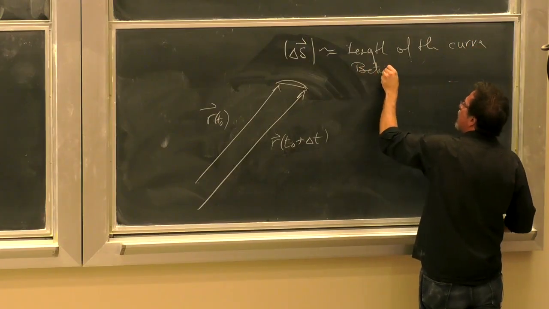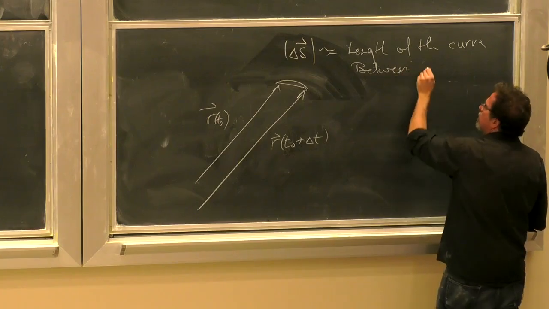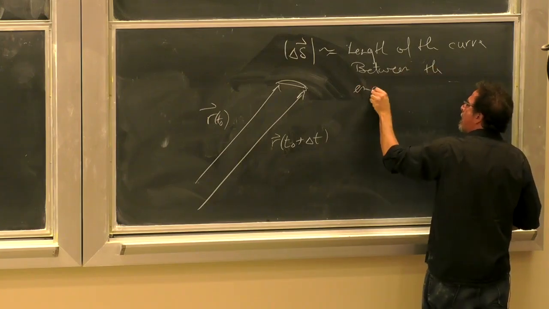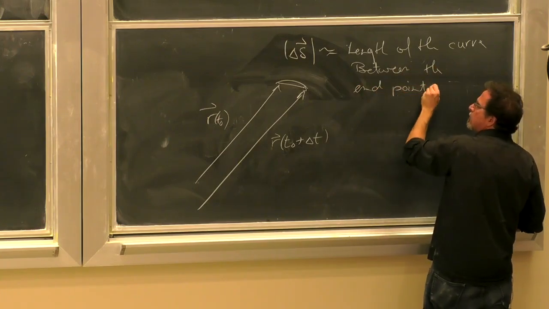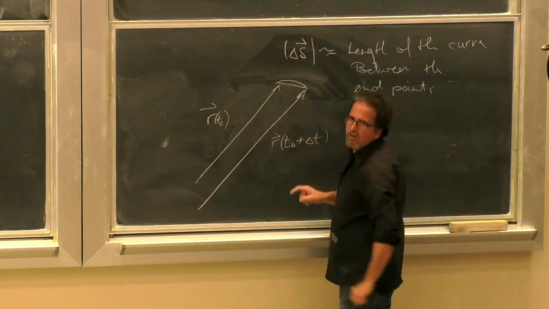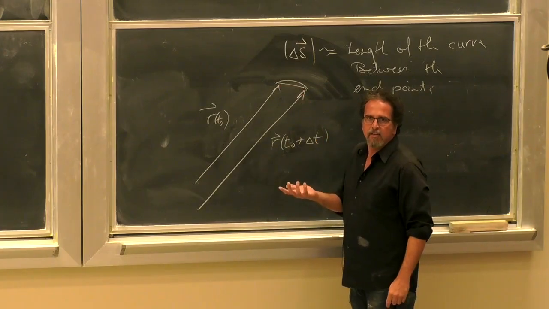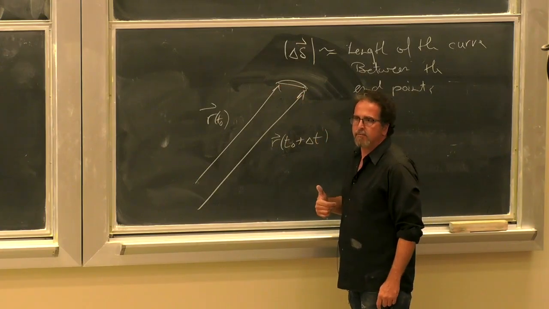And in the limit, as I zoom in farther and farther, the amount of arc that I get is less and less. Okay?